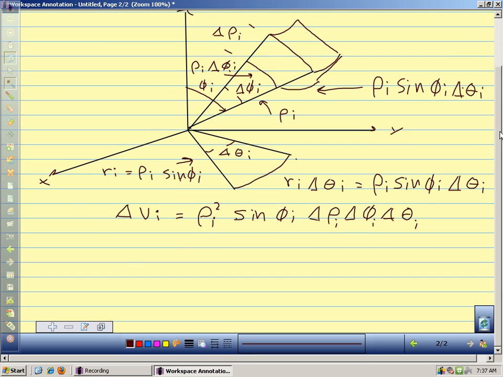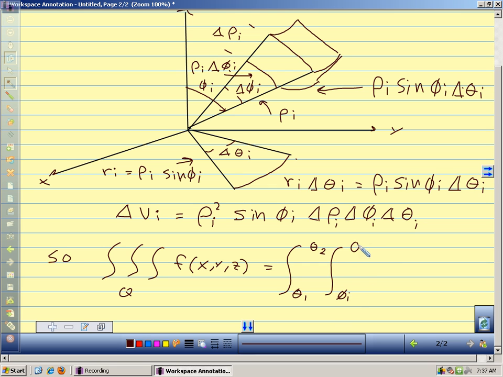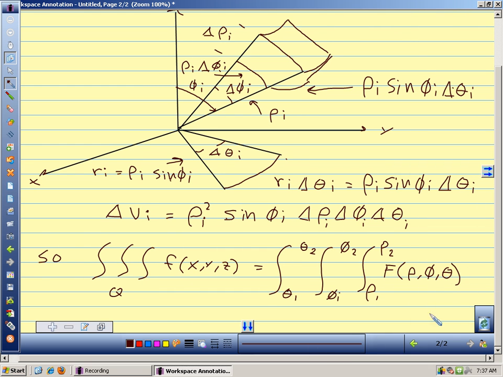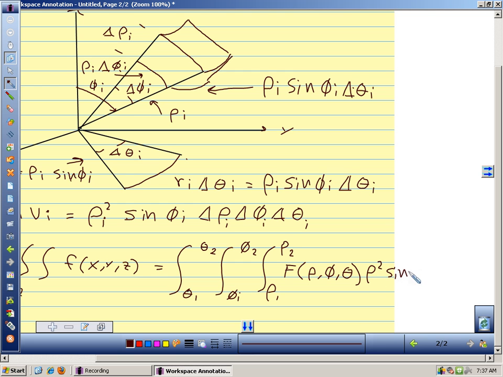So our triple integral in spherical coordinates becomes, over our region, call our region Q, of f of x, y, z, equals the integral from theta 1 to theta 2, the integral from phi 1 to phi 2, the integral from rho 1 to rho 2 of some f of rho, phi, theta, and our volume element is rho squared sine phi d rho d phi d theta.